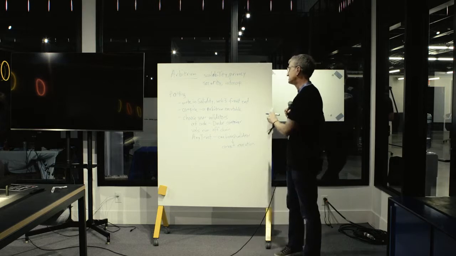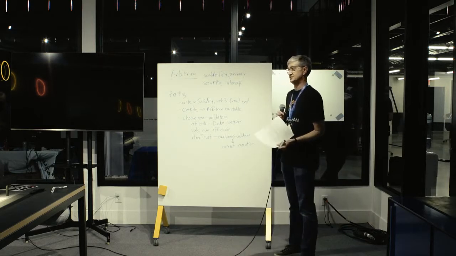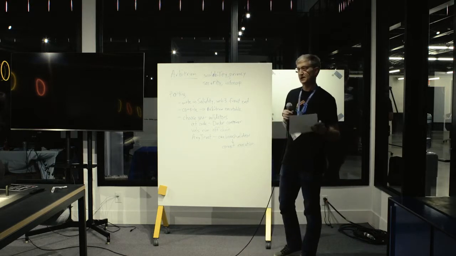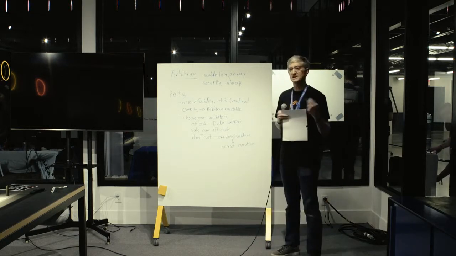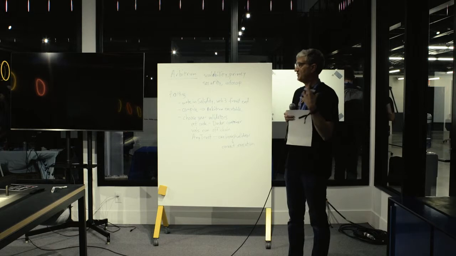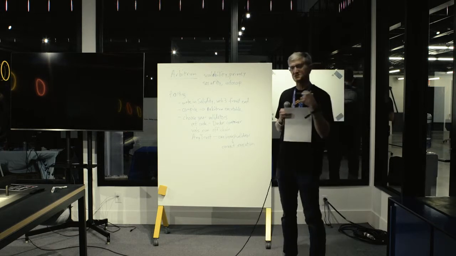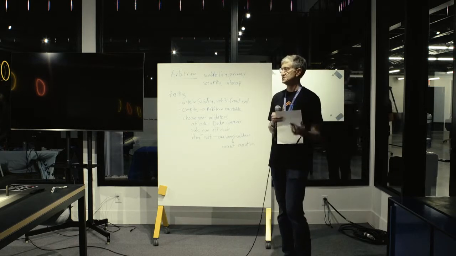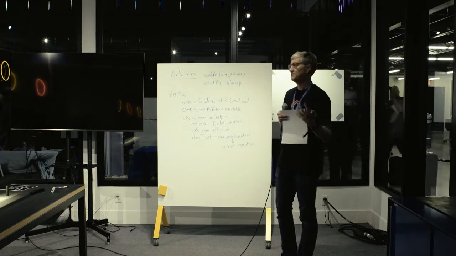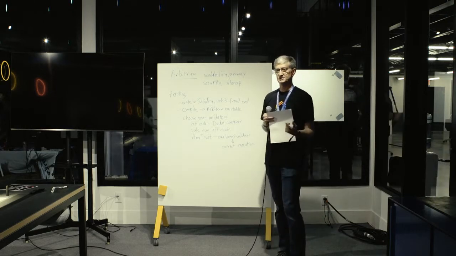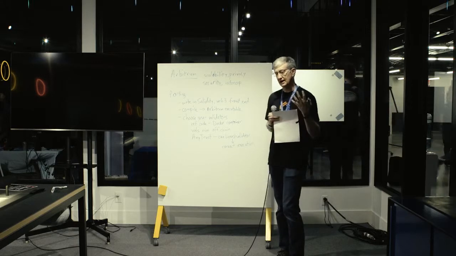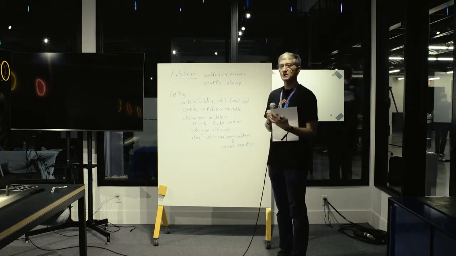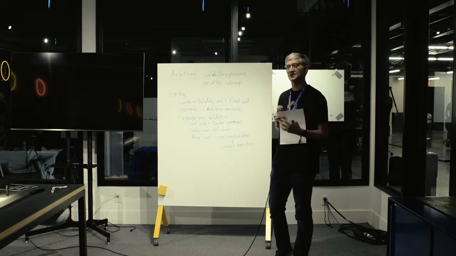So one of the questions we often get is, how do you choose your validators? And the answer is you can do whatever you want based on this guarantee, but let me give you some examples. If you have a contract that has a small, fixed set of participants, then you can just name all of those participants as validators. So if you and I are playing a game of chess as a contract, we would just name the two of us as the validators.